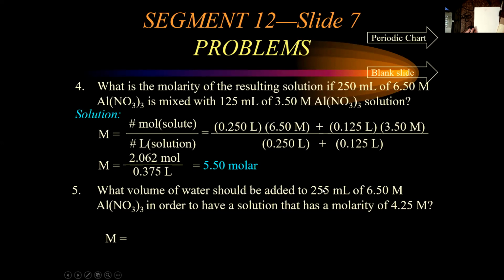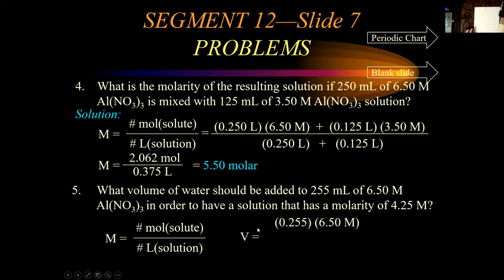What volume of water should be added to 250 milliliters of 6.5 molar if you want the solution to be 4.25 molar? Molarity is moles over liters. We've got 0.255 liters of 6.5 molar. I'm going to add water to it.